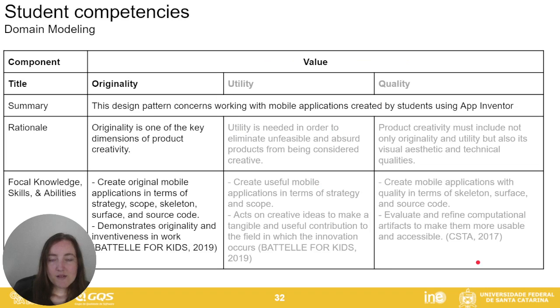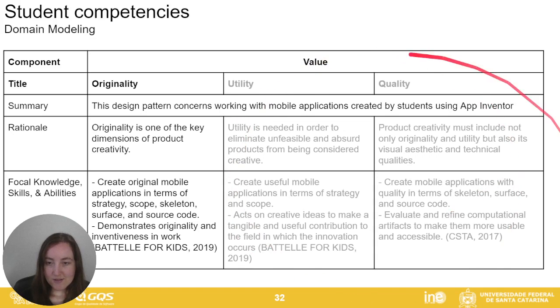Considering the use, modify, create cycle, at the create level, the general learning objective is that the student should be able to create a mobile application that is original in terms of strategy, scope, skeleton, surface, and source code, useful in terms of strategy and scope, and with quality in terms of skeleton, surface, and source code.